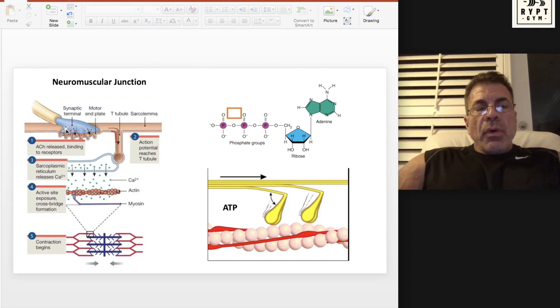Acetylcholine is released by the nerve ending and binds to receptors on the muscle membrane. This causes a depolarization reaction, and an action potential goes along the membrane into the T-tubules. And when it goes down into the T-tubule, the interaction with the sarcoplasmic reticulum causes calcium to be released.